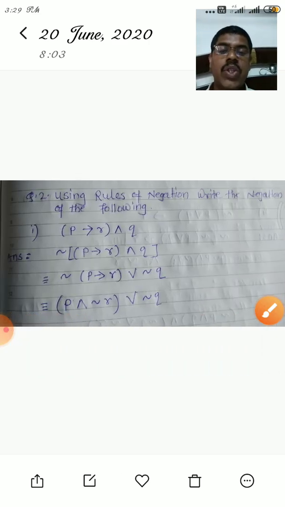Next question. Using the rules of negation, write the negation of the following.